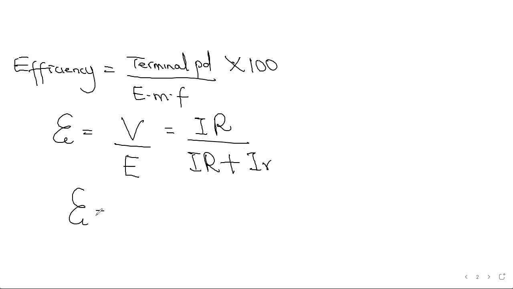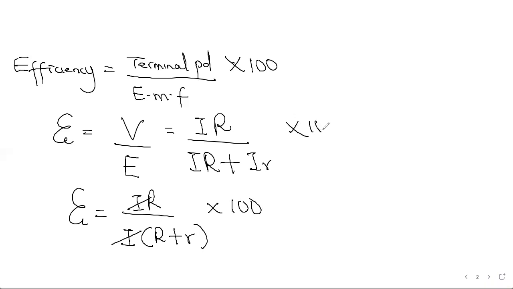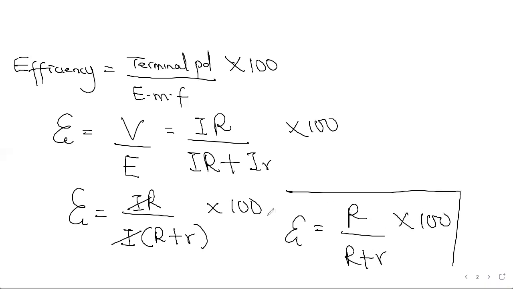So the efficiency will therefore be equal to IR over I(R + r). I can factorize the I out, then I can cancel this I, multiplied by 100, right? So the efficiency of the cell will be R over R plus r multiplied by 100. So if you have to calculate the efficiency of the cell, you can use that formula.